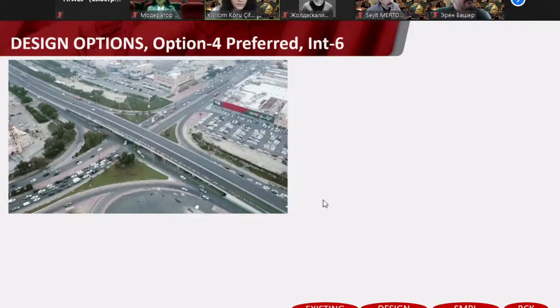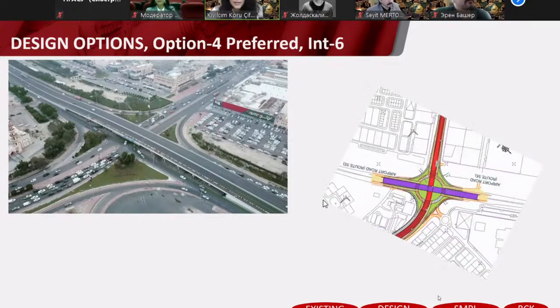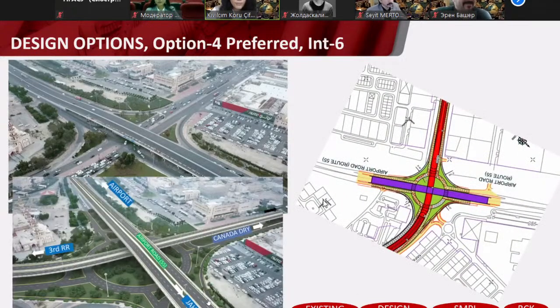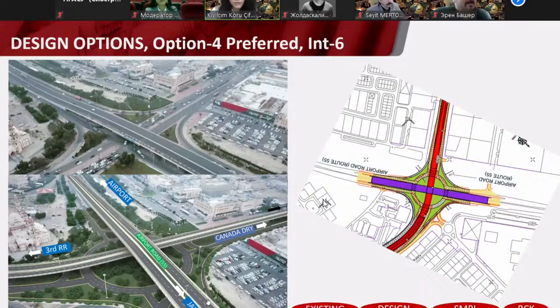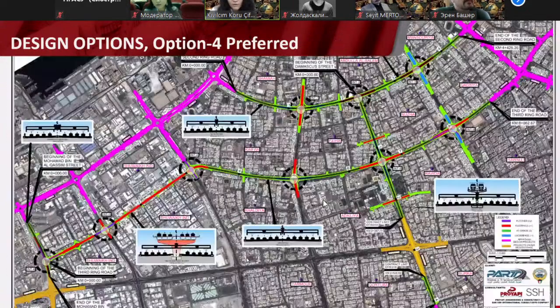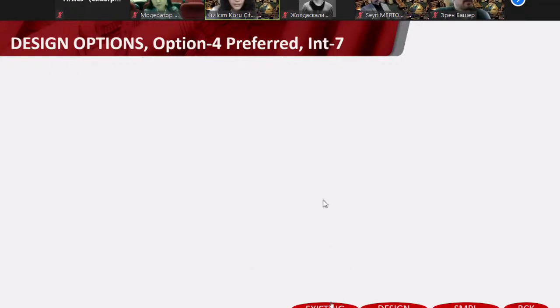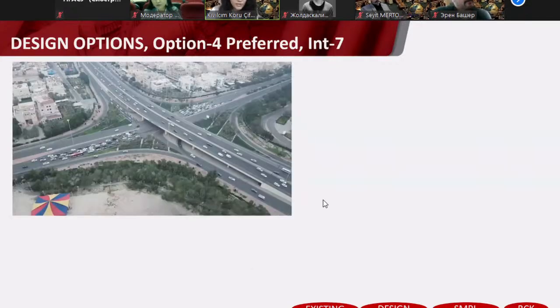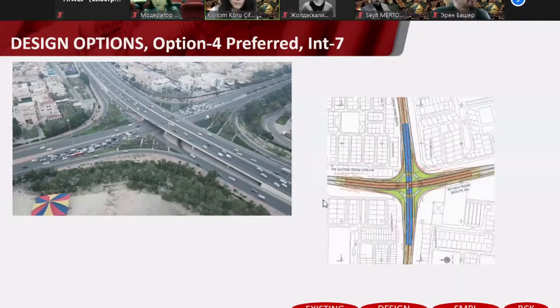For interchange 3, it used to be, it still is actually, a 2-level interchange. We have also proposed a roundabout 3-level interchange. For the next one, the existing situation was a signalized interchange with 2 levels.